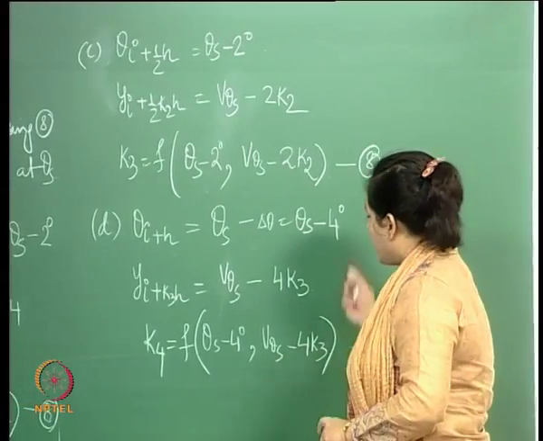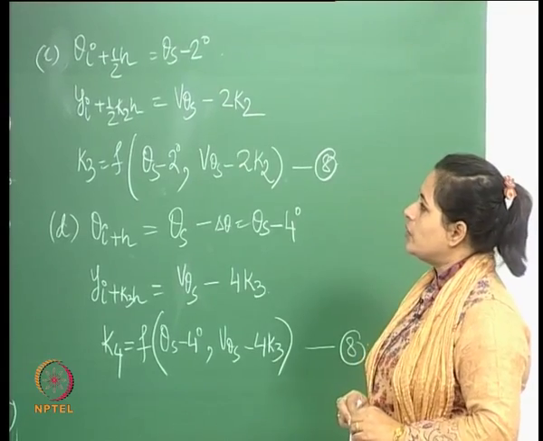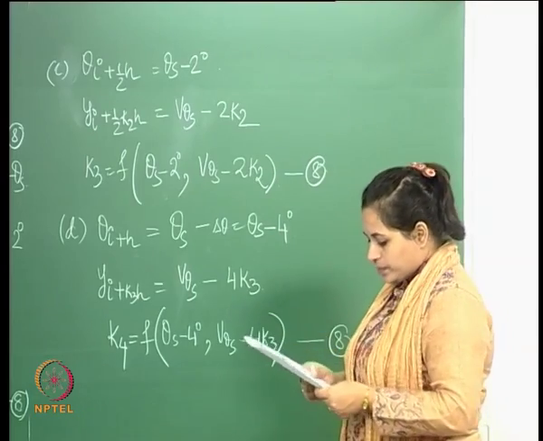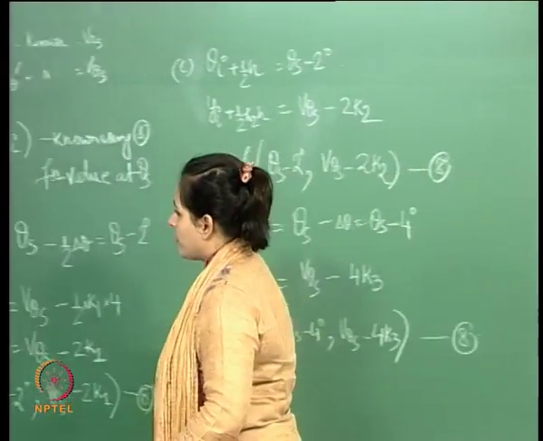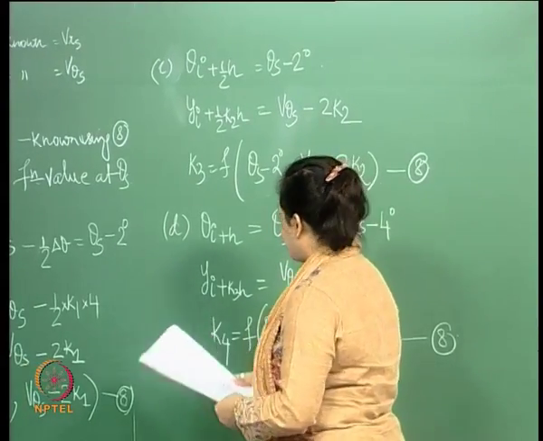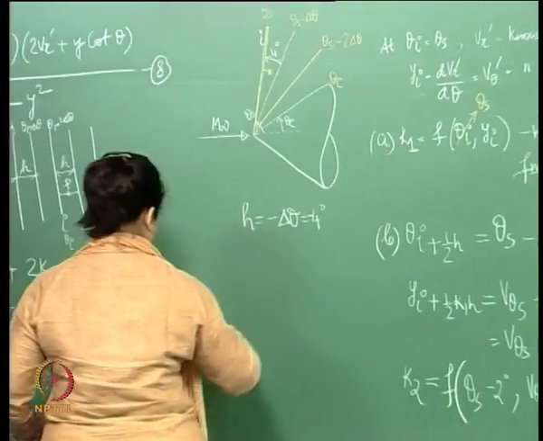Okay. Now, having done this, we can get the function value at the radial line theta s minus delta theta, right. So, let's write it over here.